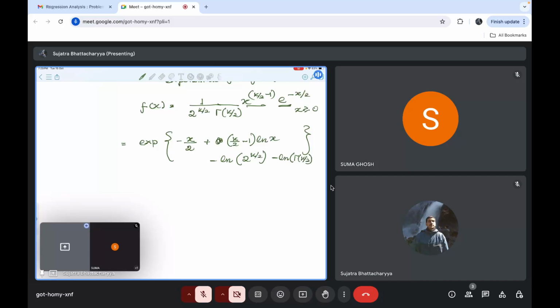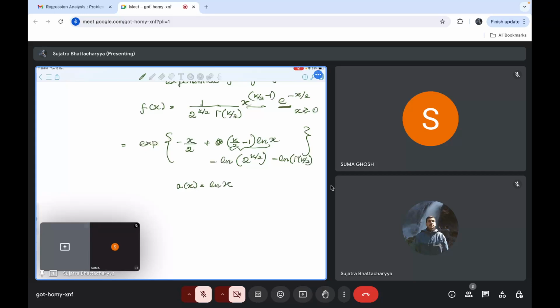Let's see the next thing: can we see a term where there is a product of functions of the random variable x and the parameter of interest? So a of x, because this is the random variable, is log of x, and b of theta, which is now b of k, is k by 2 minus 1.